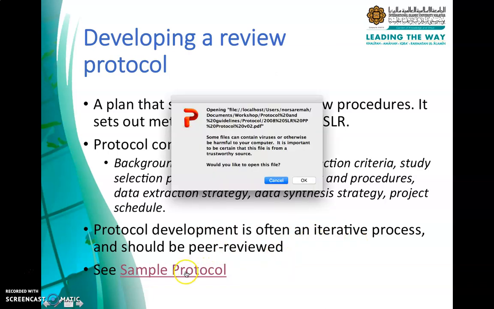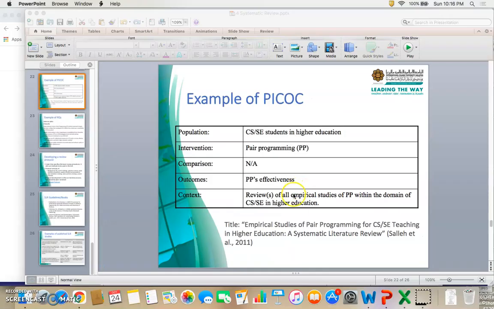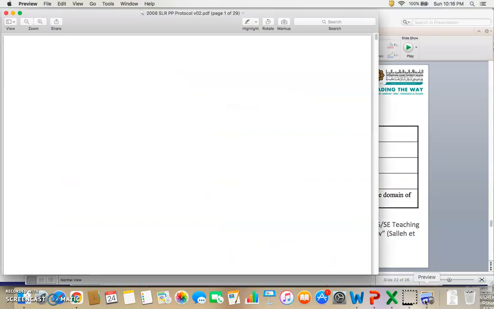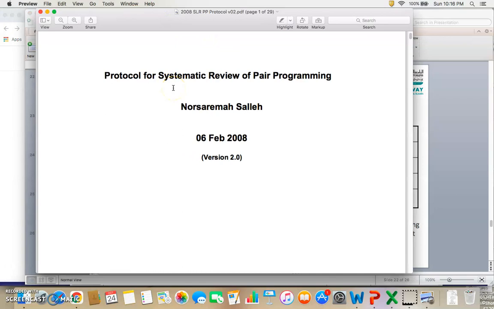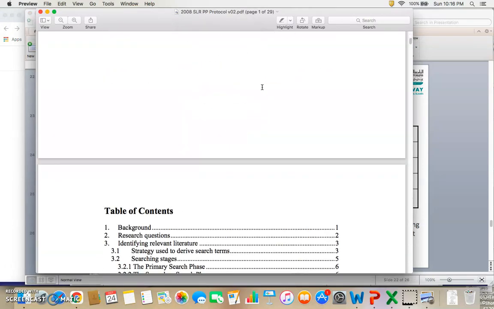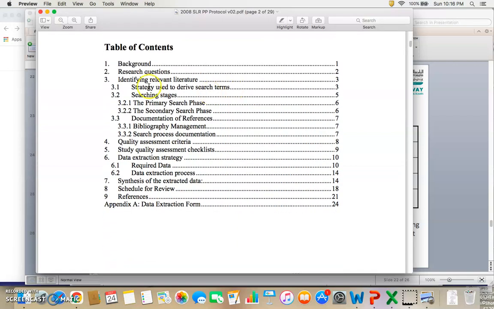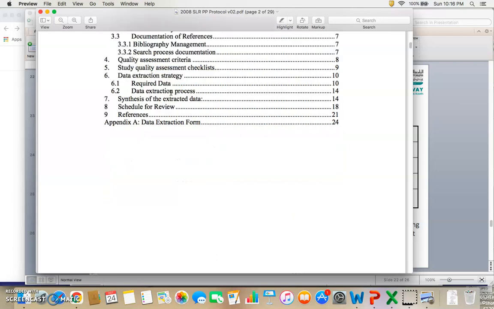Let me show you one example of a protocol. I made it as a PDF file here, from when I did a systematic review of pair programming. It has some contents: background and research questions.